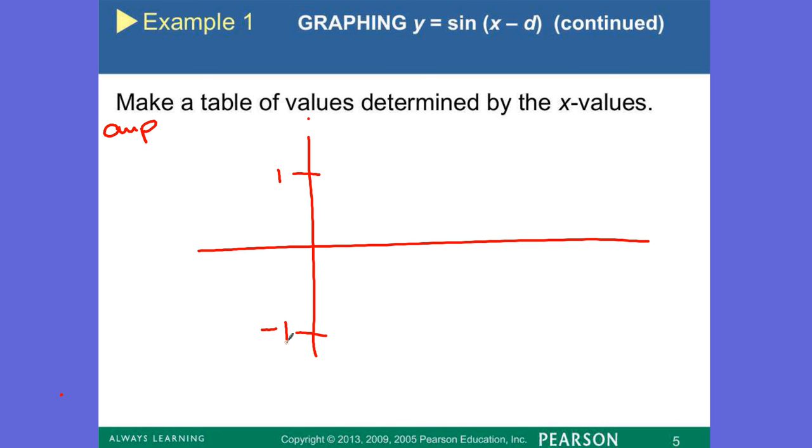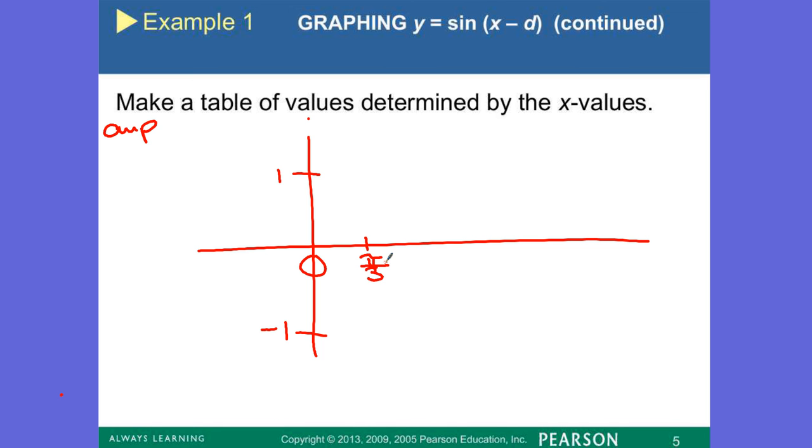Now, the next thing, I know that this is 0 here, right? But I'm not starting at 0 on this one, am I? No, this is a shift. So where was my 0 lined up? Pi over 3. So my first point should be right here at pi over 3.